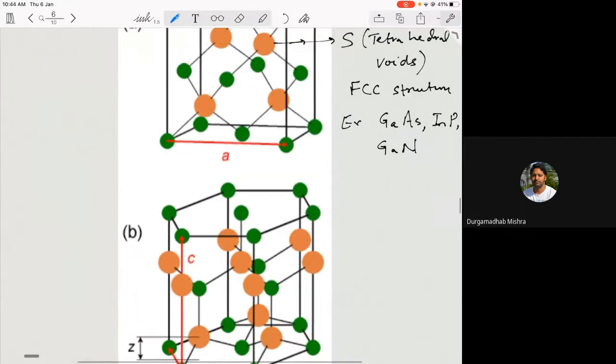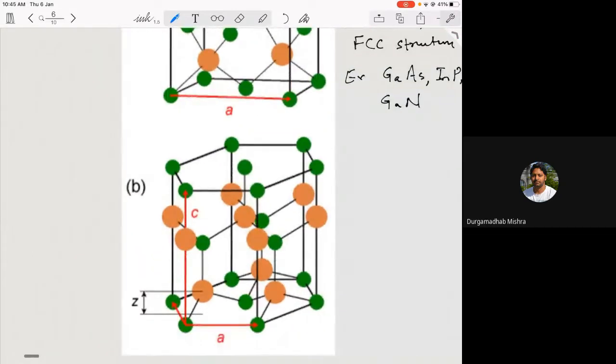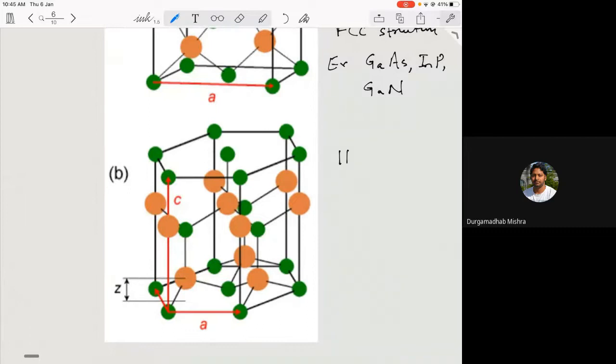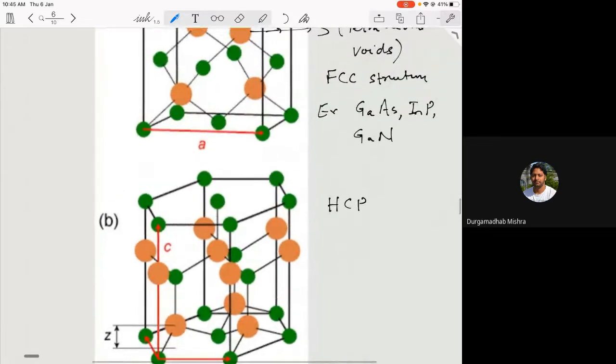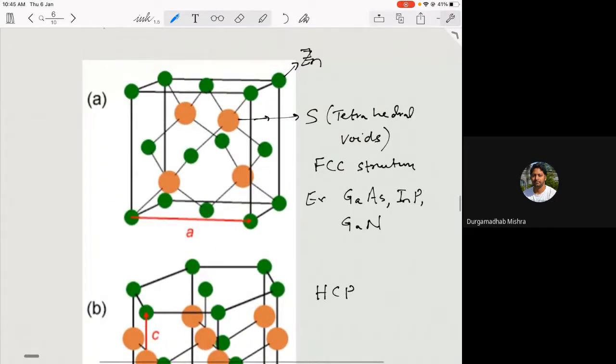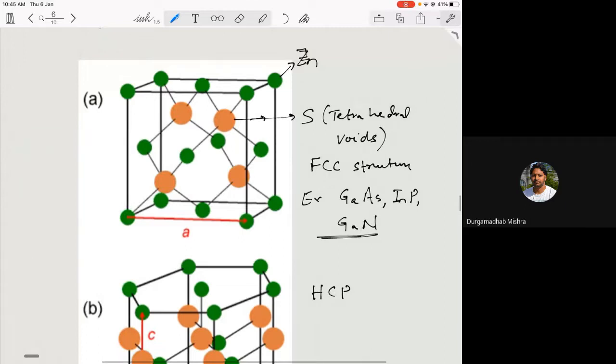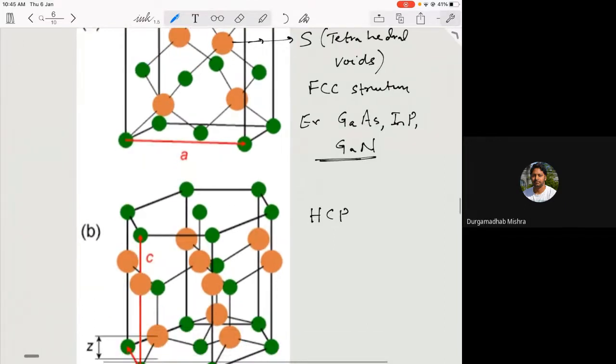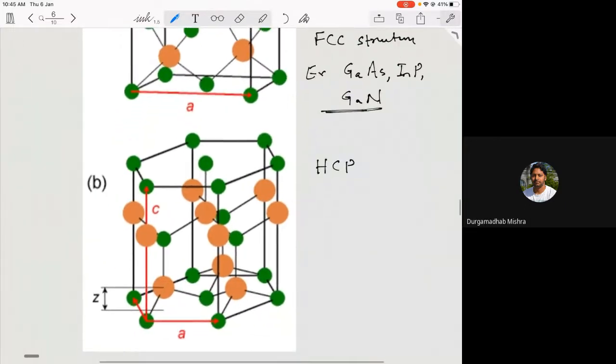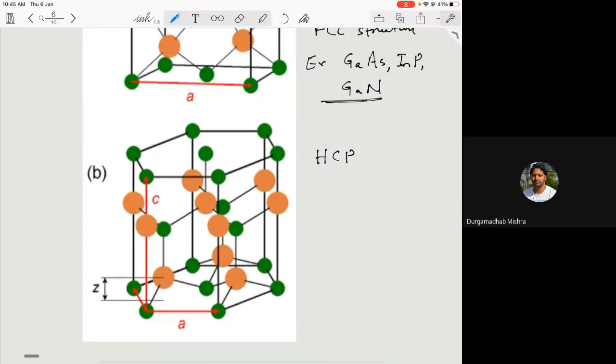Zinc sulfide can also have a hexagonal structure, so it can be an HCP structure as well, but it is not observed that often. If you talk about semiconductors, mostly they will be in this zinc blende structure. This is the most common form of structure you will encounter for most of the compound semiconductors.